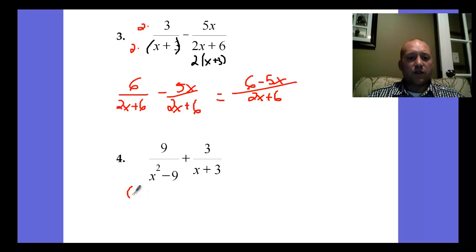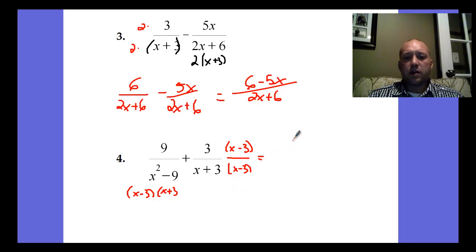This one down here, when we factor, we get x minus 3 times x plus 3. The first fraction has both of these. The second fraction only has x plus 3. So we need to multiply the top and bottom both by x minus 3, that entire quantity. So we're still multiplying by a value of 1. It just happens to be a binomial on the top and bottom.